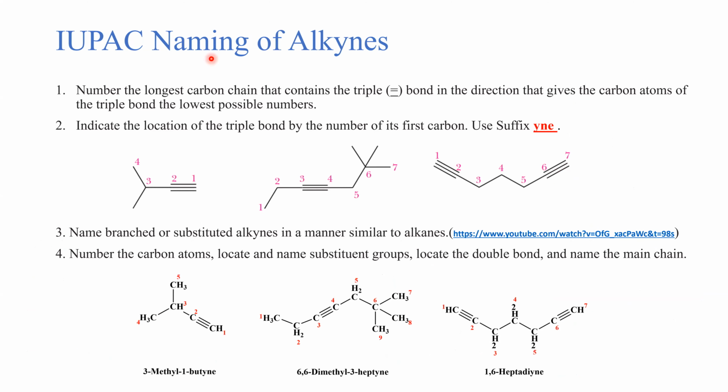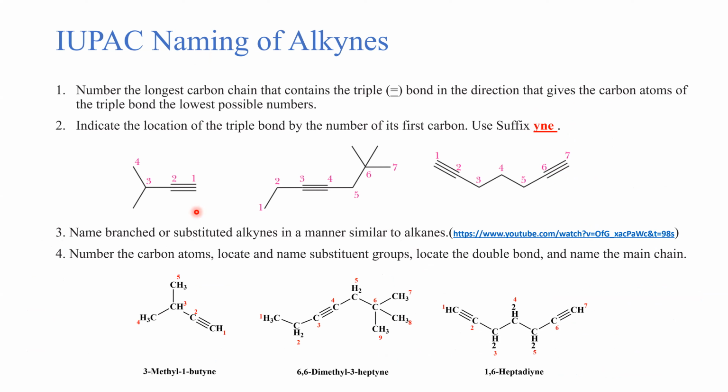Now, how can we name alkynes, and what is the difference? This is almost the same as the alkenes. The only difference is that now we have structures with a triple bond, where there is 1 sigma and 2 pi bonds. The suffix we will use is yne, but we will number in the same pattern as we did with the alkenes.